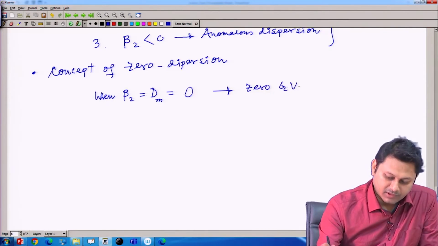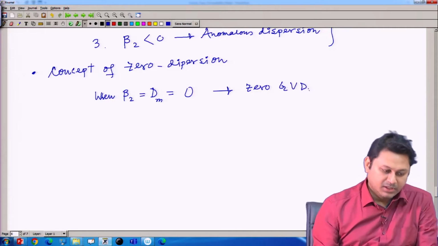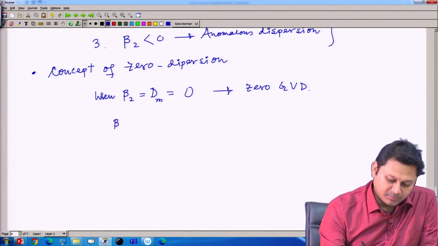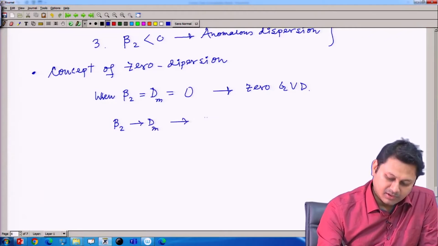we say that it is called the zero group velocity dispersion. If you remember the expression of beta 2 and the expression of Dm, in both cases we have a common term, d2n d lambda square.